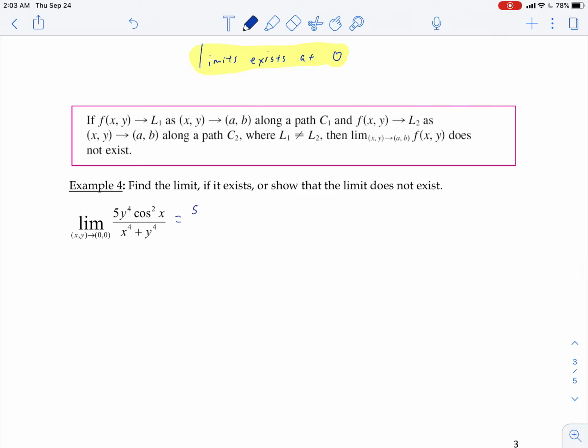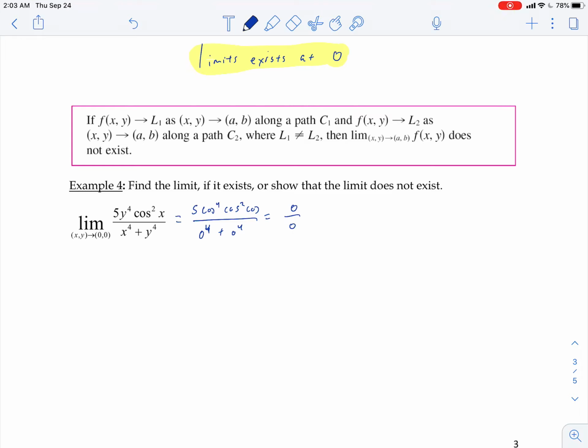So here we're going to plug in. If I plug in, I get 5 times 0 to the 4th cosine squared of 0 over 0 to the 4th plus 0 to the 4th, and I'm going to get 0 over 0. So now I want to see what are some pathways to 0, 0 for my function.